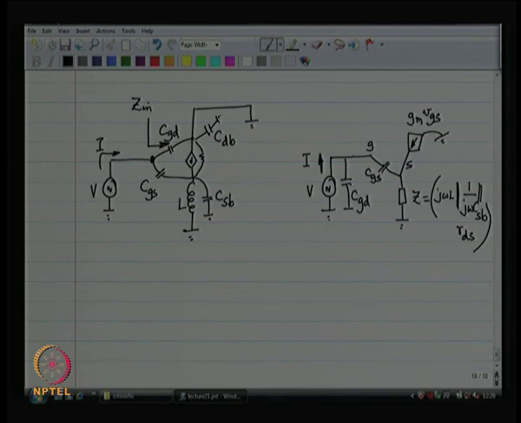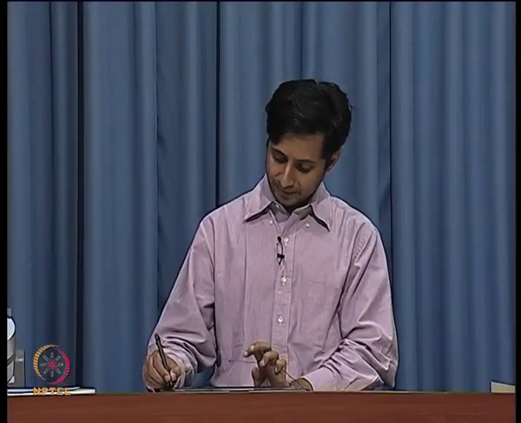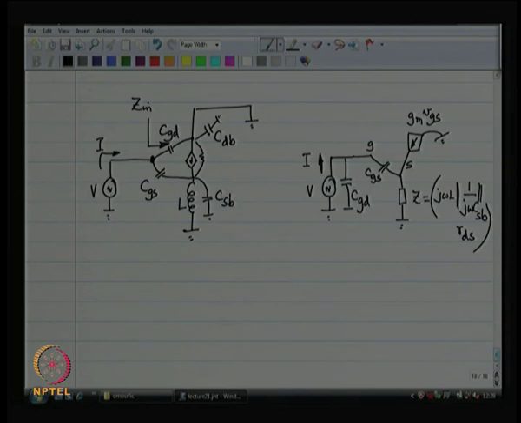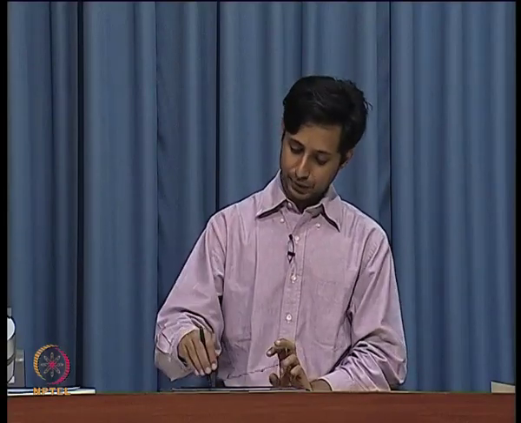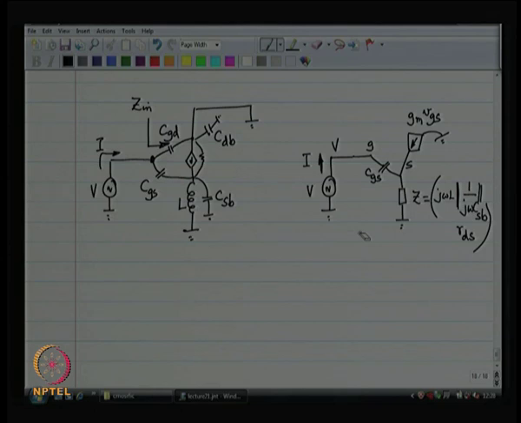So, this is a significantly simplified drawing of my system. I have applied V volts over here. So, CGD is basically just going to come in parallel with everything else. So, if I find the input impedance without CGD, the final input impedance will be CGD in shunt with whatever I have found.